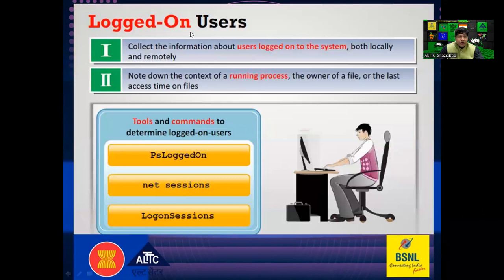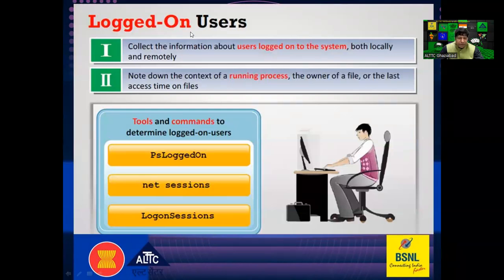What is the procedure? Log on users: collect the information about users logged on to the system, both locally and remotely. Note down the context of the running process, the owner of a file, or the last access time on the file.